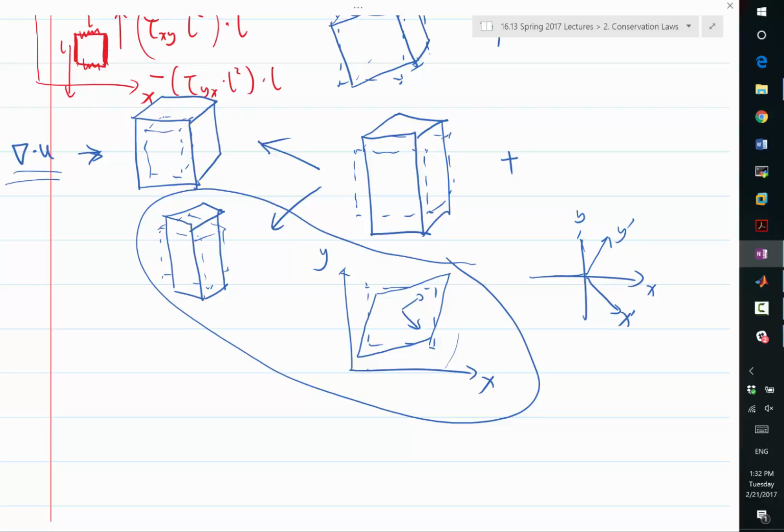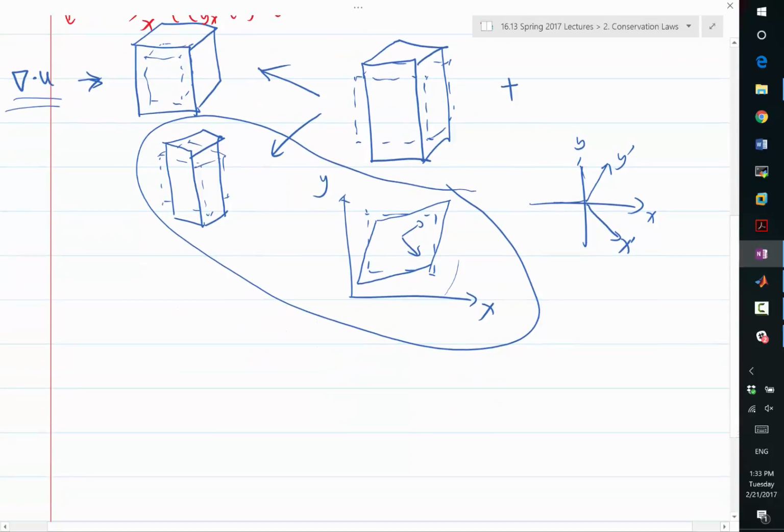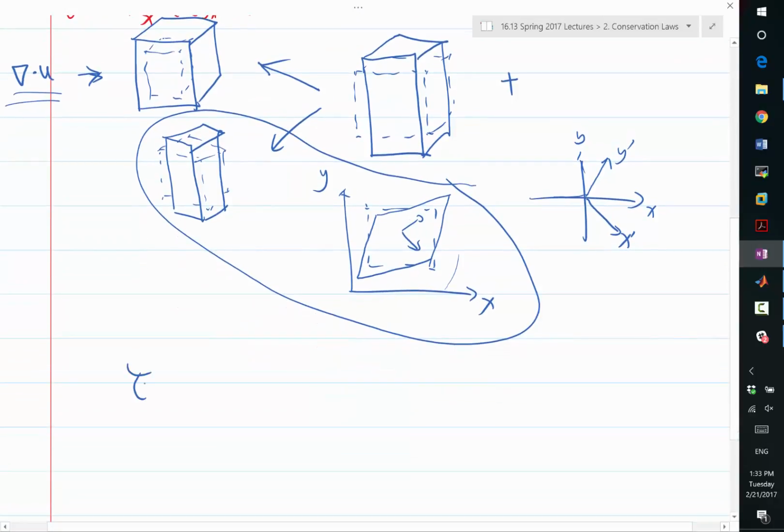Okay, so the next topic we are going to talk about is, now we have all the governing equations with the viscous stress tensor, right? So the viscous stress tensor is basically, I need to write it as tau, which is going to be proportional to the symmetric trace-free part of the velocity strain tensor.